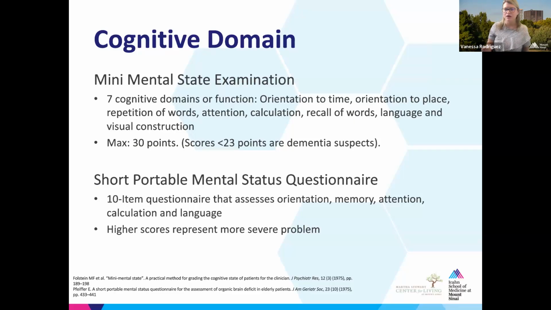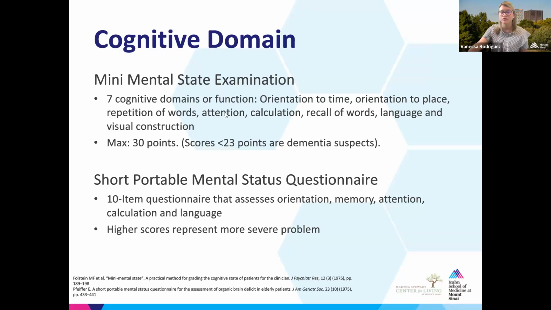A very common one that has been in practice for a long time is the Mini-Mental State Examination. We assess 7 cognitive domains, related to orientation to time, to place, repetition of words, attention, calculations, recall of words, language, and visual construction.